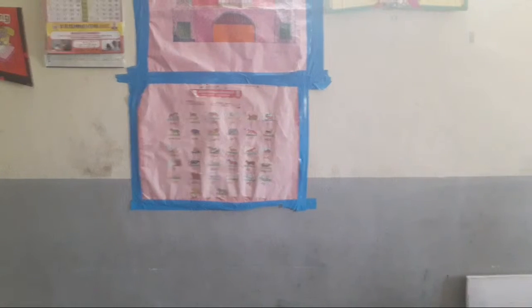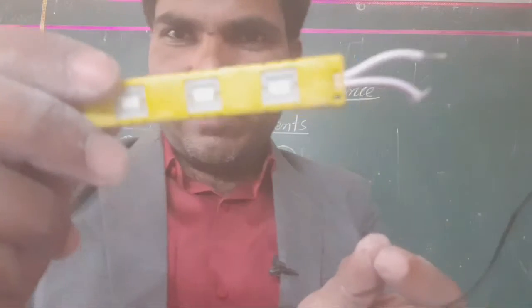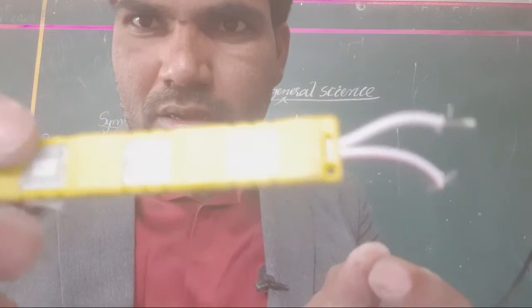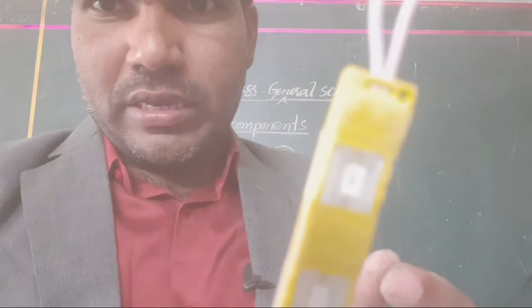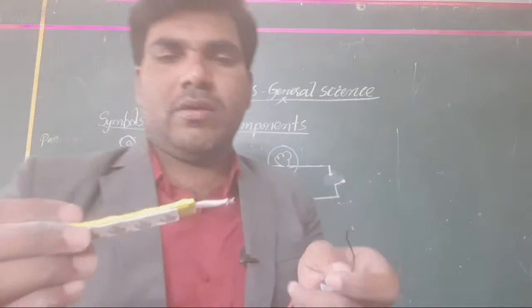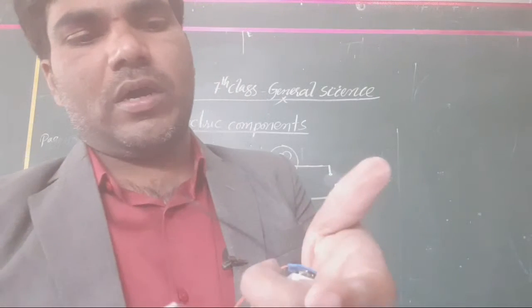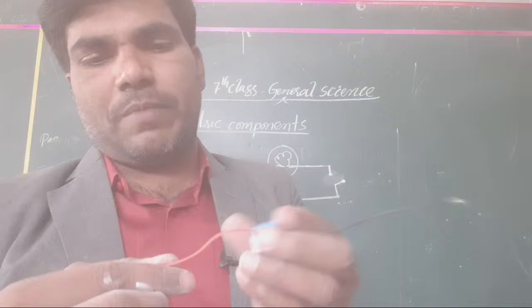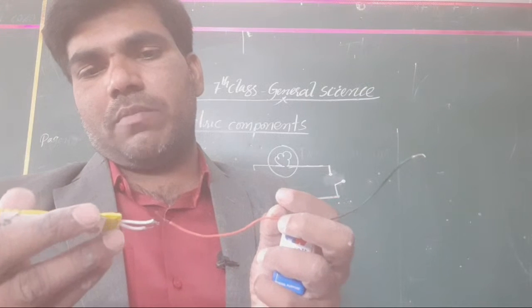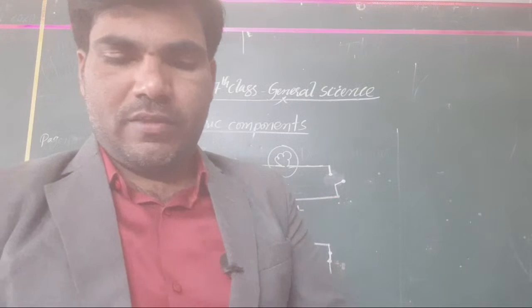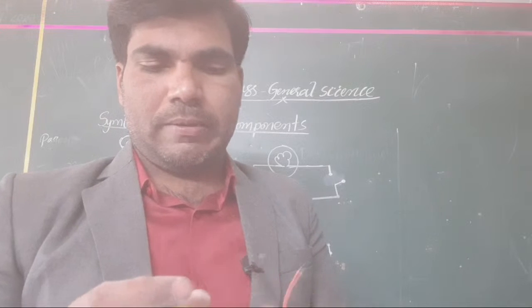This side contains the positive terminal as well as the negative terminal, on this battery and on the bulbs also. When I take it, it is a positive, and now I have connected these wires to the positive terminal.